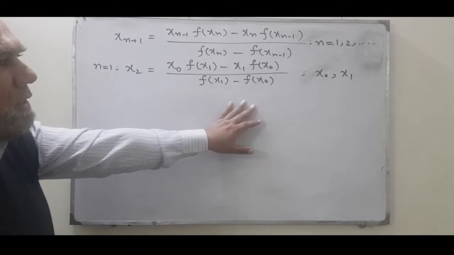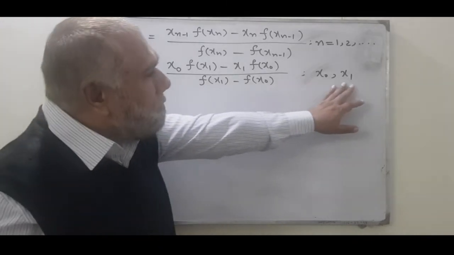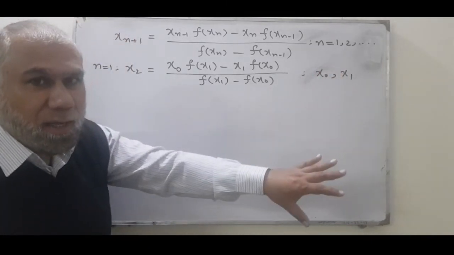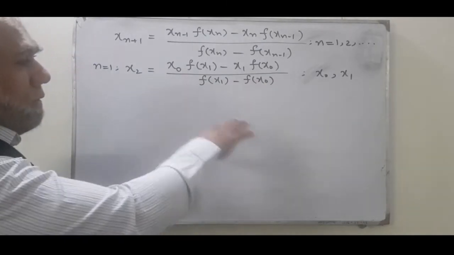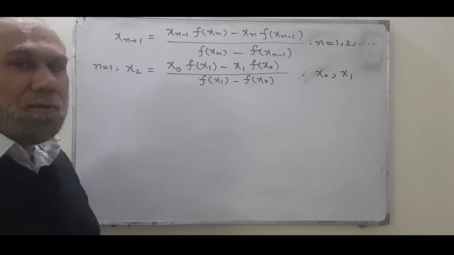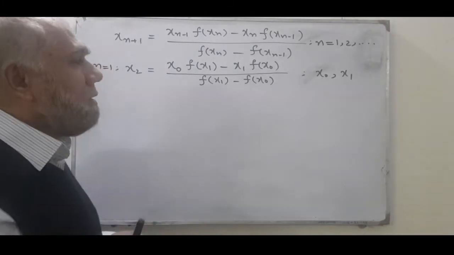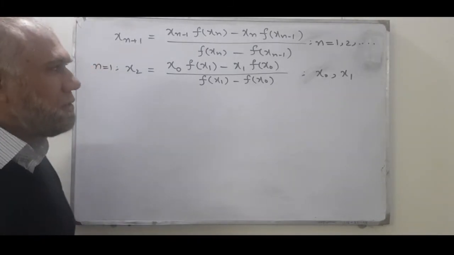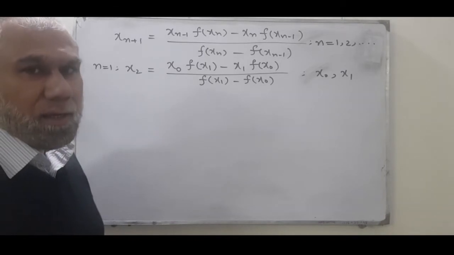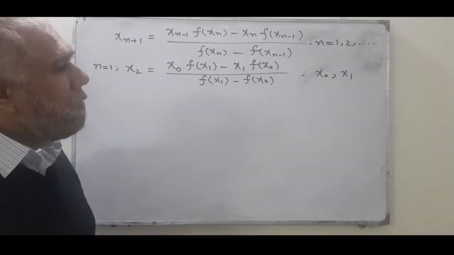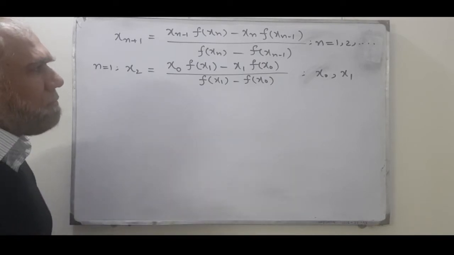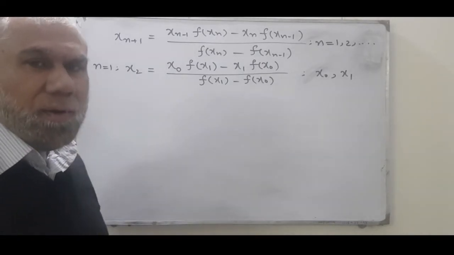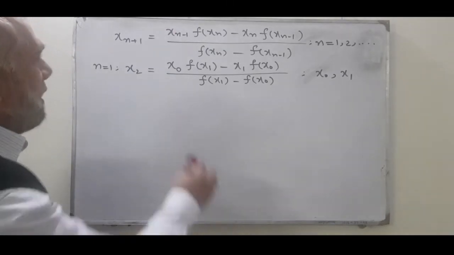There is no restriction that one must give a value below the x-axis and the other above it. So there is no such condition in the secant method. After knowing all these things, now we apply it. You will see that the application of this formula to the solution of the problem is quite simple. So let's start solving the question.